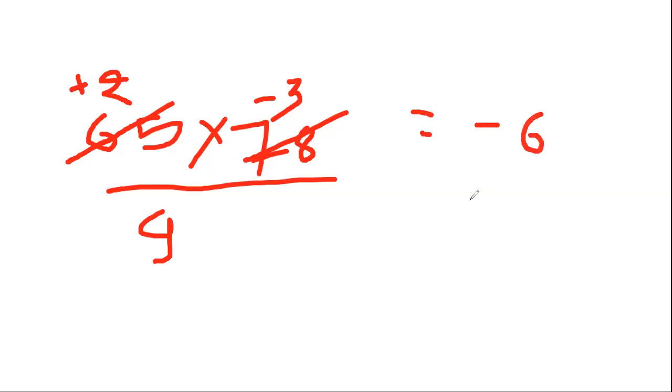So we have to subtract it from 9, excluding the sign. So 9 minus 6 is 3. So when you divide the product of 65 into 78 by 9, the answer is 3. Any doubt?